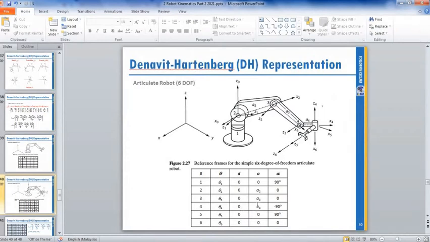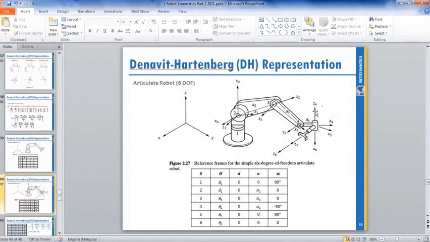Then you have a distance A4. And then you have negative 90. Why negative 90? Because you see Z here from horizontal and then you turn to vertical.